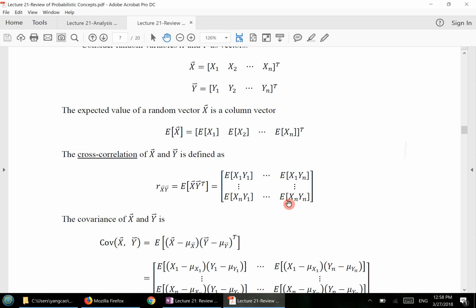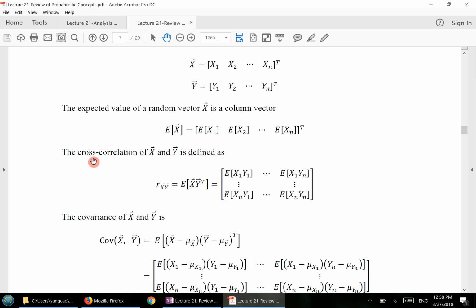And then the cross correlation: just like the correlation between two random variables x and y, because now they're vectors, it's a vector multiplied by the transpose of the other one, and you get a matrix. The diagonal has x1, y1, up to xn, yn, and then the off diagonal entries are different.